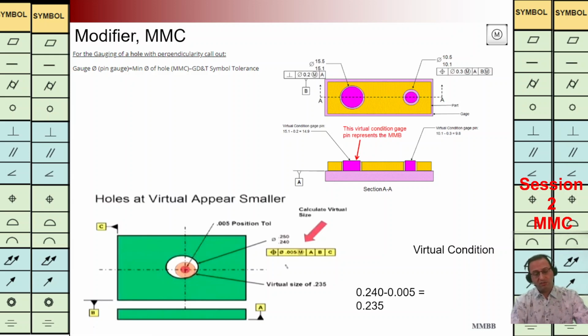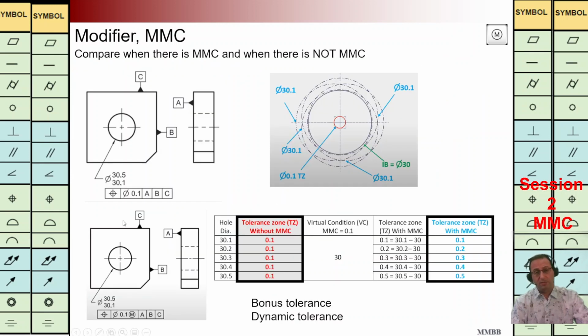Let's compare when we have the modifier and when we don't have the modifier for the hole. In this example, the hole diameter can be changed in this interval, and we don't have any modifier symbol here. It means the tolerance zone for the center of this hole is fixed and constant. It is 0.1, as we can see here.